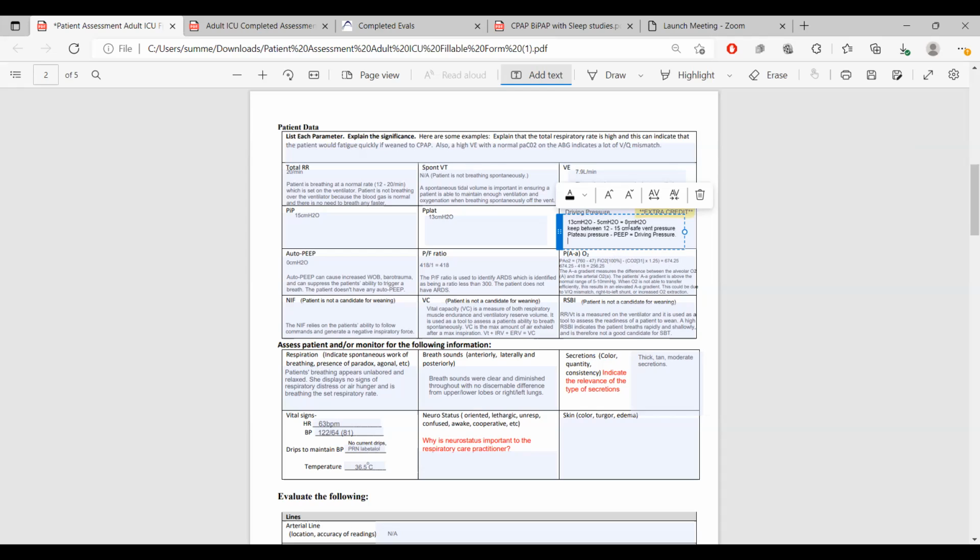And hers was 8, so that's good. Her driving pressure was below 12 to 15, so hers is low. Low is good. Okay.